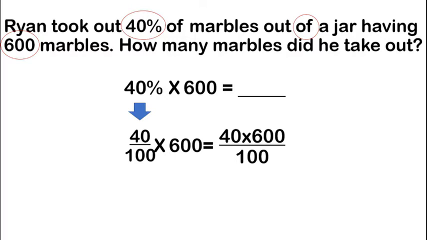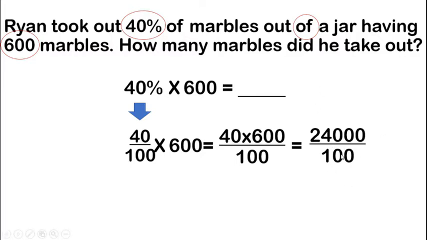So 40 times 600 is equal to 24,000 divided by 100. In order for us not to do a long division, we will cancel out zeros. As you can see in our numerator, we have 2 zeros.